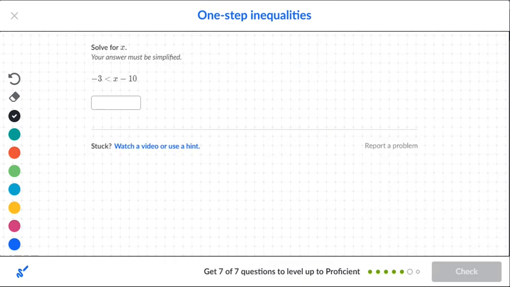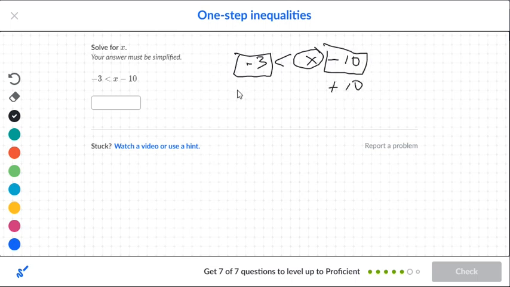Okay, next question. I've got negative 3x minus 10. So right here, I'm going to box my numbers, circle my letters. I should get rid of the minus 10. To move that, it's going to become a plus 10.